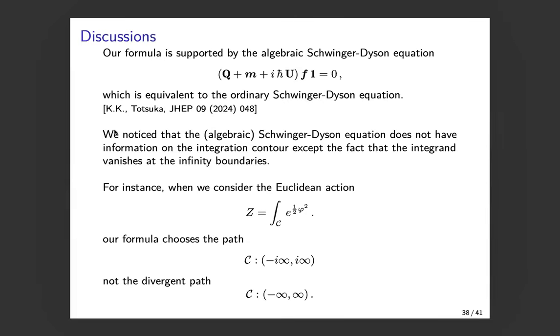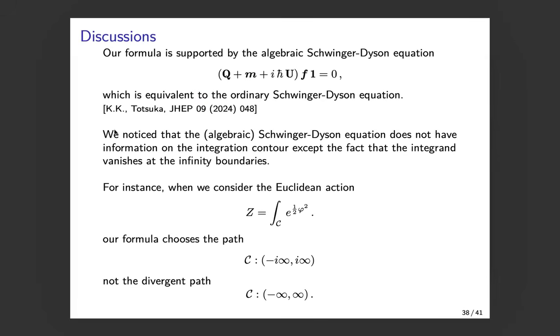And we noticed that the Schwinger-Dyson equations, or algebraic Schwinger-Dyson equations, do not have the information on the integration contour, except that the integrand vanishes at the infinite boundaries in the path integral. So for example, we consider the wrong sign Gaussian and take some contour C. If you take C to be the real line, of course Z diverges.